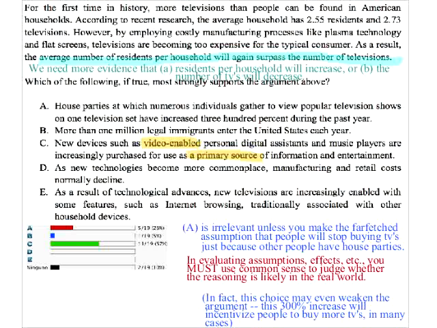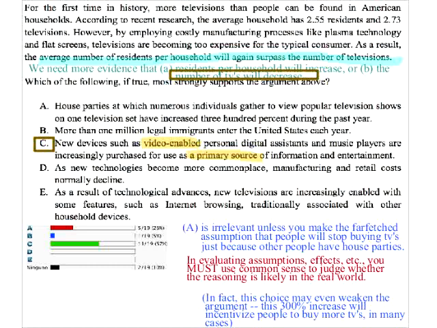So C is what we want. C will, if it comes to fruition, decrease the number of televisions that are sold because people are replacing them with these personal digital devices, as a primary source of entertainment.